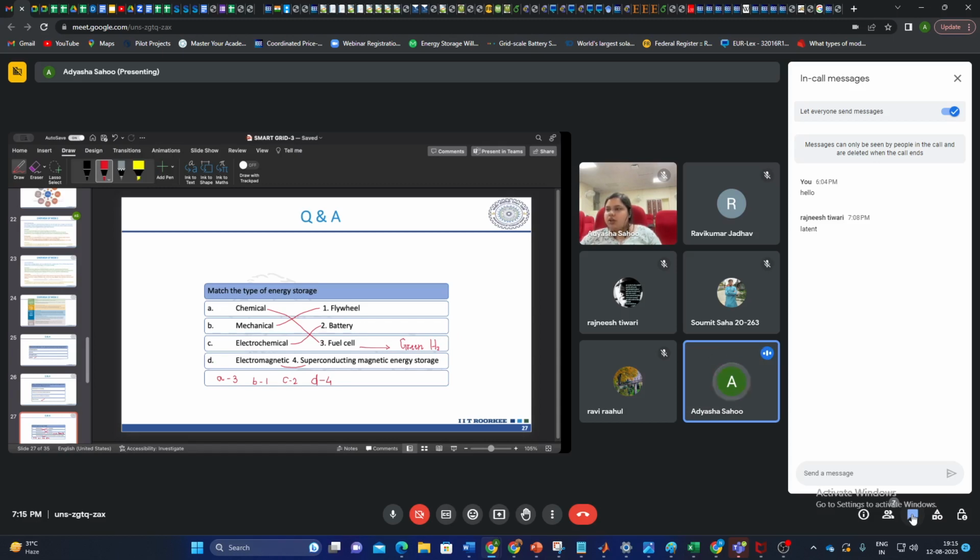So basically, hydrogen and green hydrogen are different. There are gray hydrogen, blue hydrogen, green hydrogen, depending upon how we are producing this hydrogen. Gray hydrogen is basically a byproduct in steel industries or large scale industries. When it is produced as a byproduct in these industries, it is gray hydrogen.